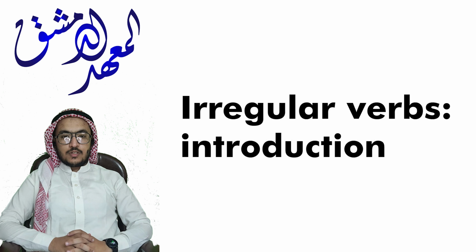Among the most common are verbs with waw or ya as one of the root letters. Then we have verbs with hamza as one of the root letters, and then we have the doubled verbs, where the second and the third root letters are the same.